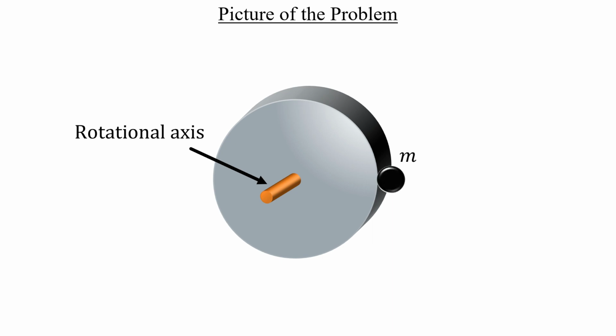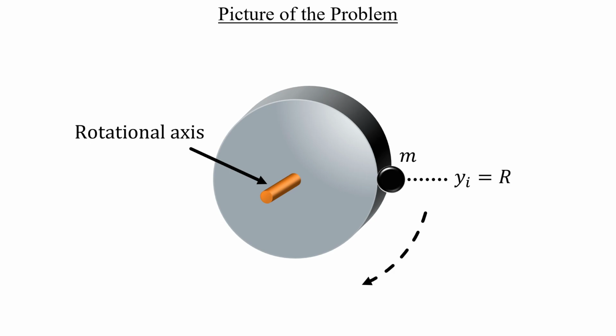Next, we're going to release this whole thing from rest, which will cause it to rotate in the clockwise direction. Now, if we call the bottom point of the disk down here y equal to 0, it would mean that the initial vertical position of this mass is at y equal to r.